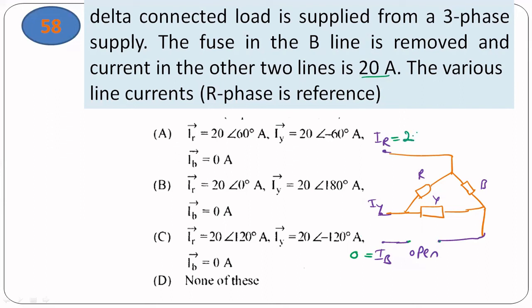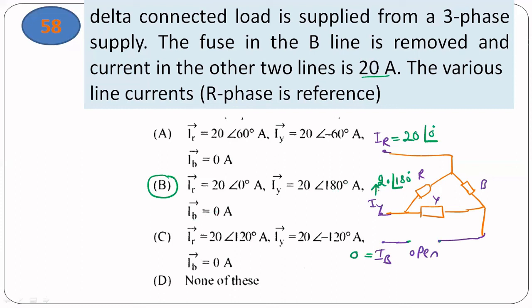So the other current becomes 20 at an angle of 180 degrees, right? The answer we can mark is IR is equal to 20 at an angle 0 degrees, IY is equal to 20 at an angle 180 degrees, and IB is equal to 0.